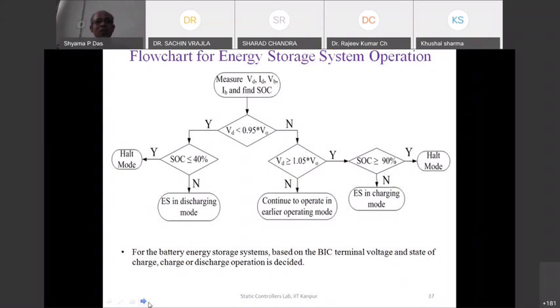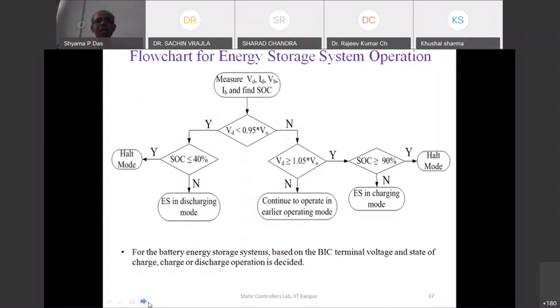But if the microgrid voltage is less, but the battery state of charge is less than 40%, we have to go to the halt mode. It means the microgrid is not sustainable. We have to shut down the microgrid here because it is not guaranteed that under all conditions our microgrid will be giving us stable power. If the power is not available, what can we do? We have to shut down the microgrid.